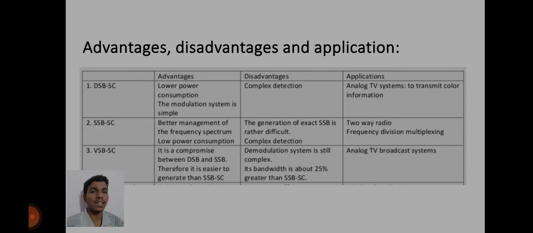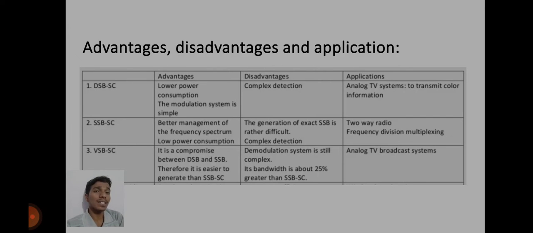Advantages, disadvantages and applications of AM techniques. The advantages of DSBSC are lower power consumption and a simple modulation system, the disadvantage is complex detection, and applications are analog TV systems to transmit the color information.